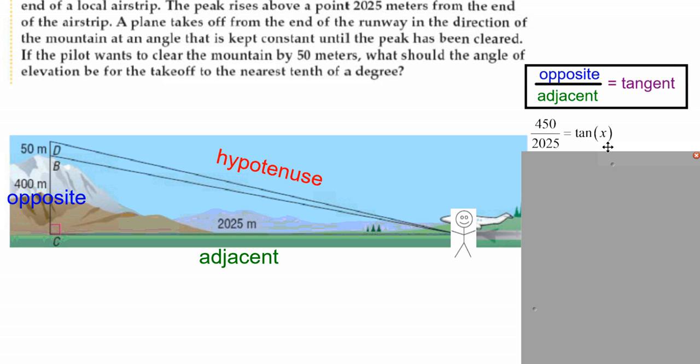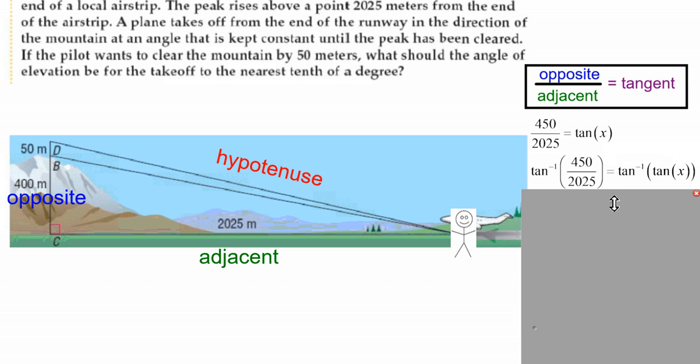So we have to undo the tangent ratio to find the angle measurement for x. So remember, when we undo things, we use their inverse operations. So if we have the tangent, we have to take the inverse of tangent for each side of our equation to find the angle measurement of x. So the inverse tangent and tangent, they undo each other.